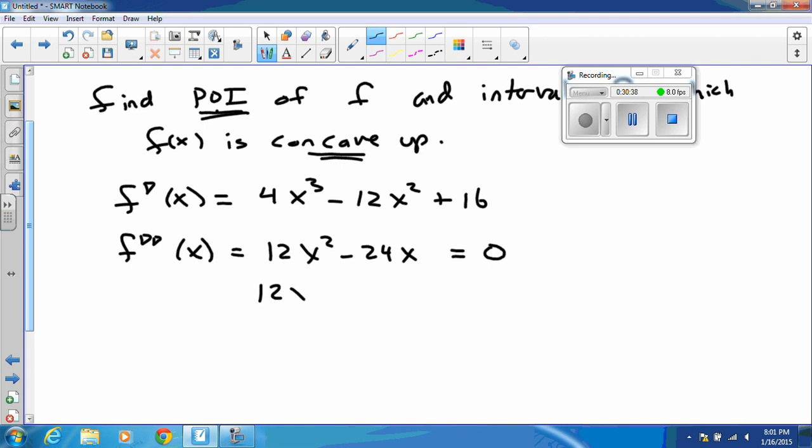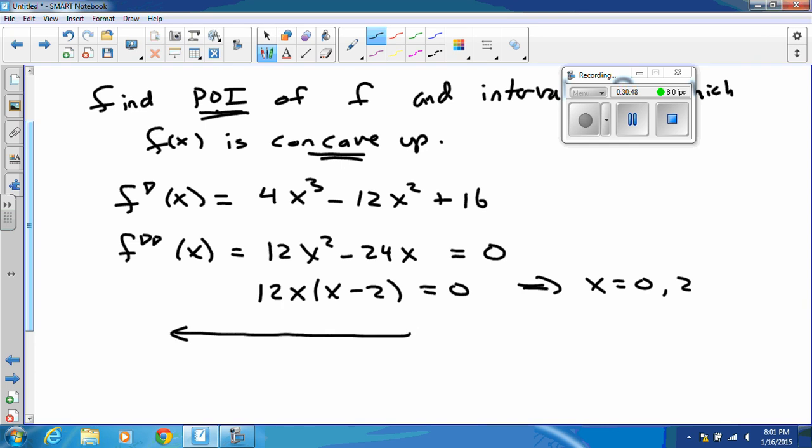And because we are looking for points of inflection, places where f double prime changes sign, we are going to do that by finding the places where f double prime is equal to 0 and creating an f double prime number line. When we set f double prime equal to 0, we remember that factoring is our friend, and we factor immediately to get two solutions, x equals 0 and x equals 2.